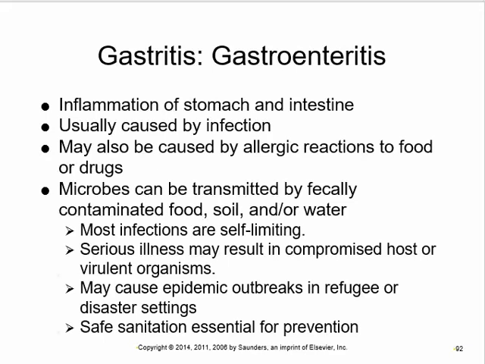So if you're celiac and you encounter gluten, you can get a gastroenteritis pretty easily. Usually the microbes pass by the fecal-oral route. So that's fecally contaminated food or water.